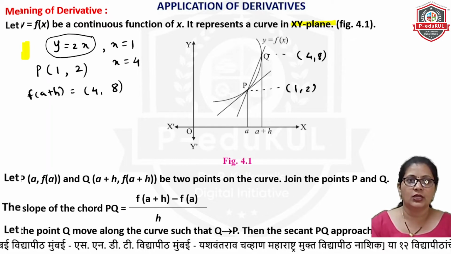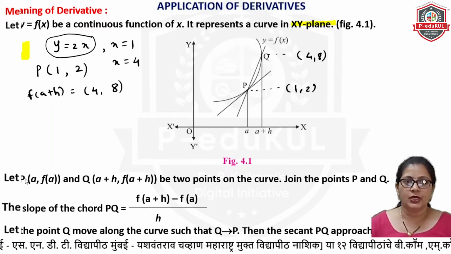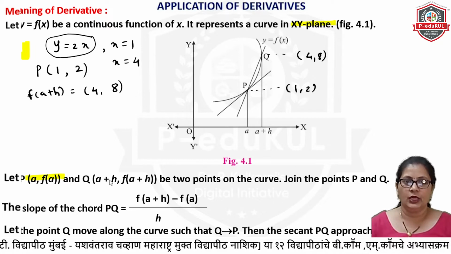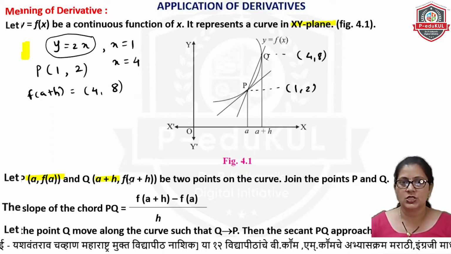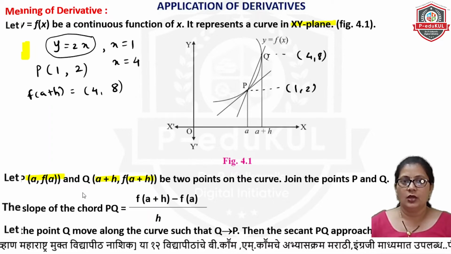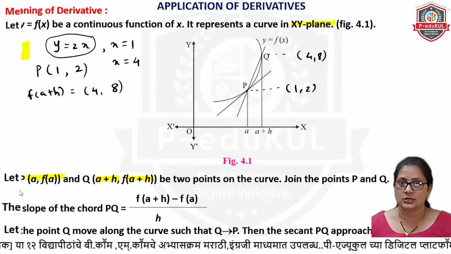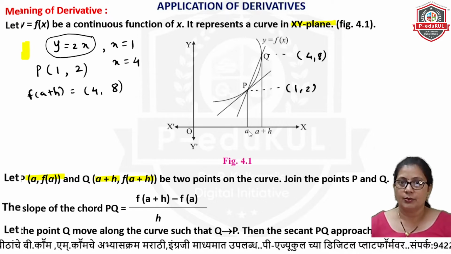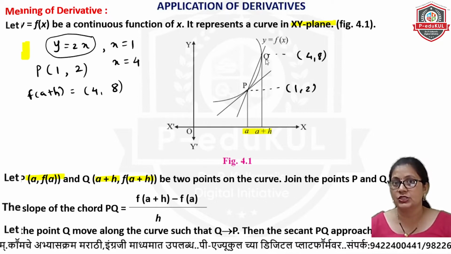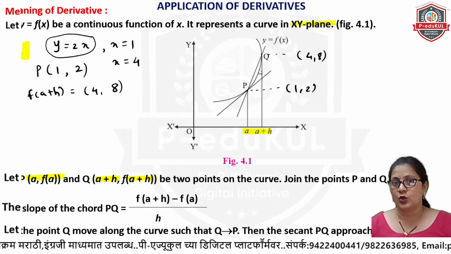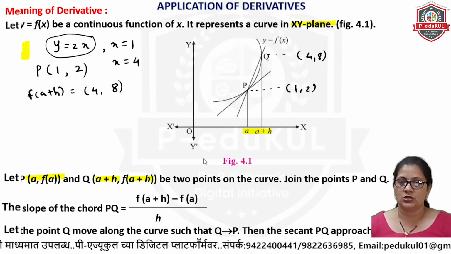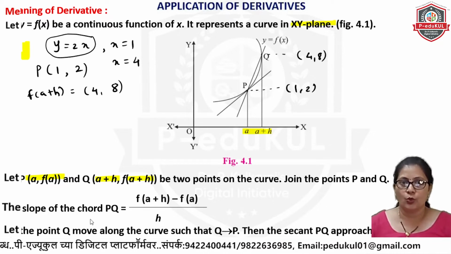Now here they have written in general: P is equal to (a, f(a)) and Q is equal to (a plus h, f(a plus h)). When we say a and a plus h, there is a small change, and because of this small change our function changes. At what extent it changes is nothing but the slope of the chord.